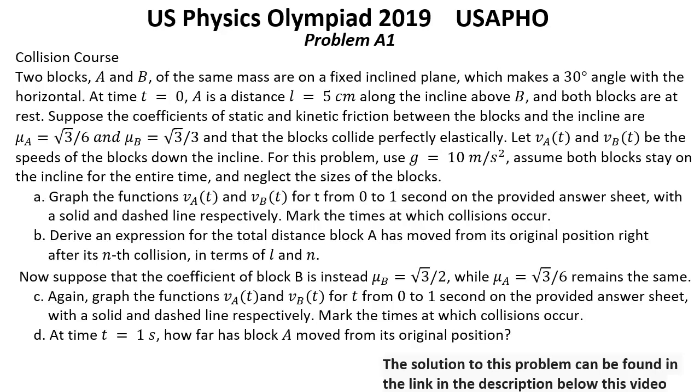Problem A1. Collision course. 2 blocks A and B of the same mass are on a fixed inclined plane, which makes a 30 degrees angle with the horizontal. At time t equals 0, A is a distance L equal 5 centimeters along the incline above B, and both blocks are at rest.